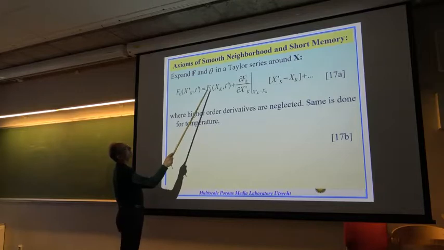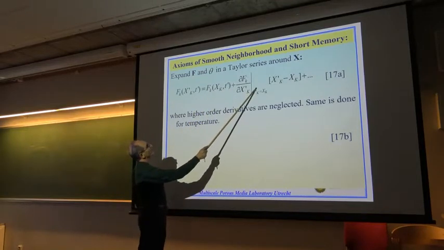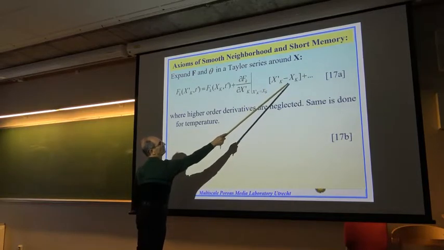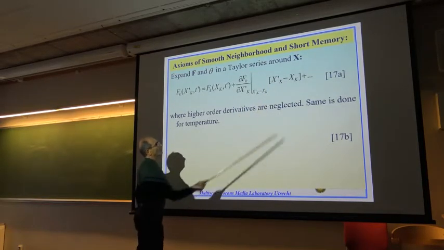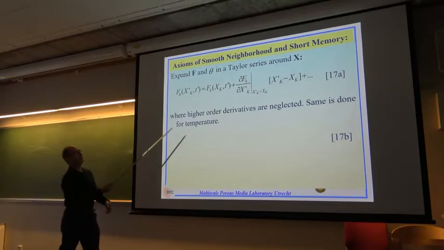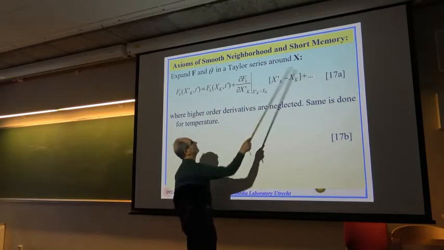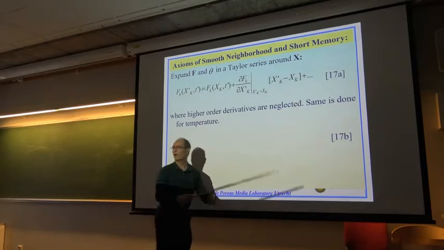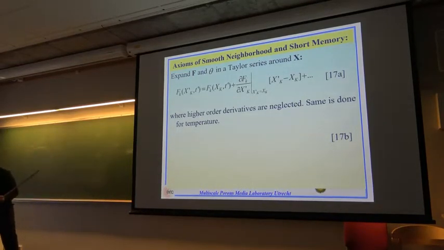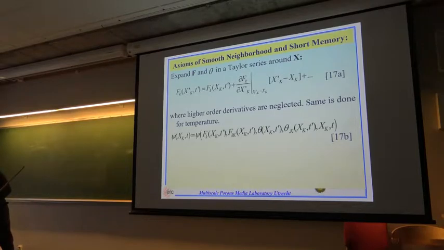And that means I use a Taylor series. So this plus the derivative times x prime minus x. These are the vectors with the next one. I have higher order terms here. The second derivative, third derivative, I haven't put in there. And then you can do the same for temperature.